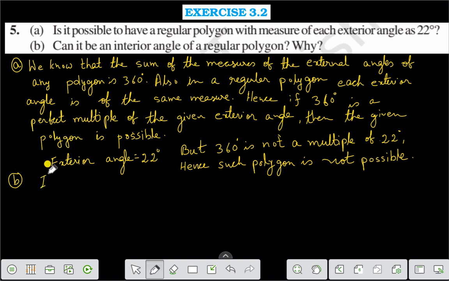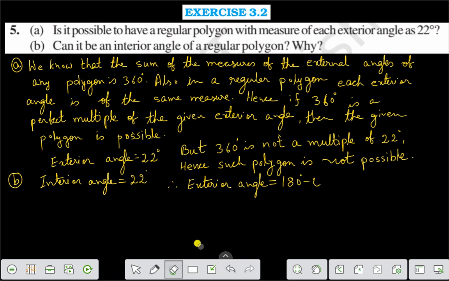It is given that the interior angle is equal to 22 degrees. Therefore, the exterior angle is equal to 180 degrees minus 22 degrees.